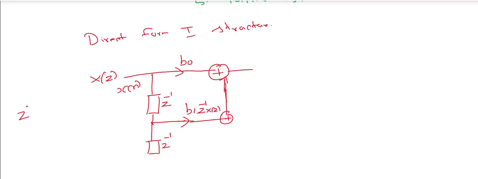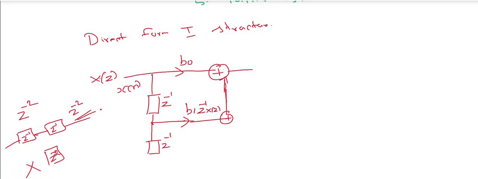If you want 2 delay elements, z minus 2, the first will give z minus 1 and the other unit delay element will give z minus 1, so the output will be z minus 2. You should not draw z minus 2 as a single block; this is the wrong representation, only unit delays are used. So z minus 2 is represented as a unit delay followed by another unit delay.